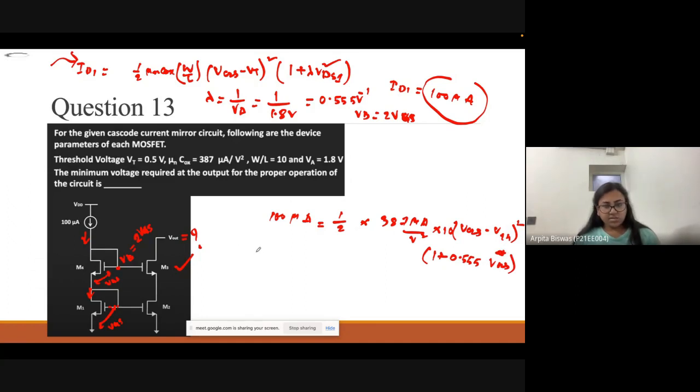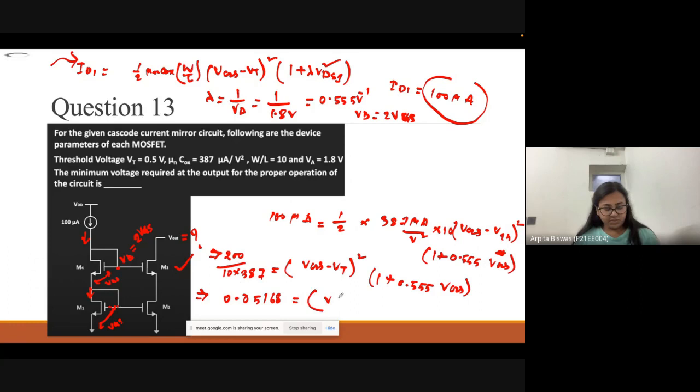Then just try to calculate it. So 200 by 10 into 387 gives 0.05168 equal to (VGS square minus VGS plus 0.125) into (1 plus 0.555 into VGS).